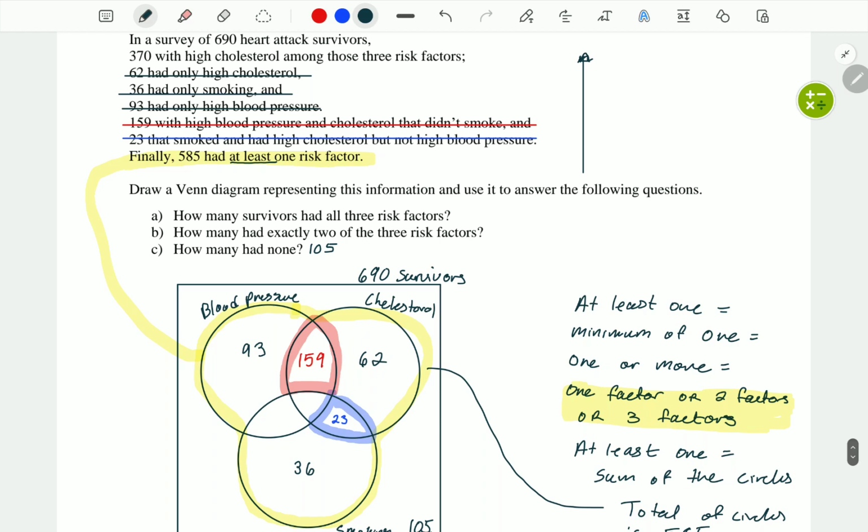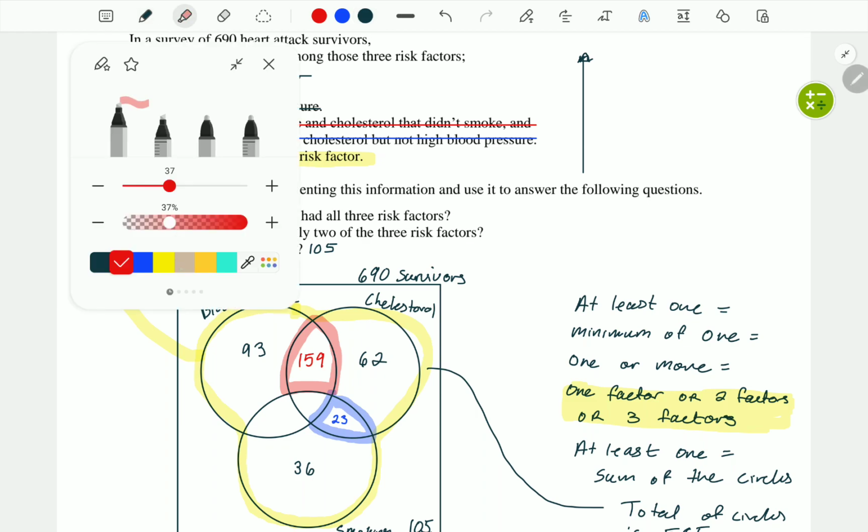370 with high cholesterol among the 3 risk factors. See, that is different from only high cholesterol. That is general. It's saying 370 survivors in general had high cholesterol. I'll find a nice color for this one.